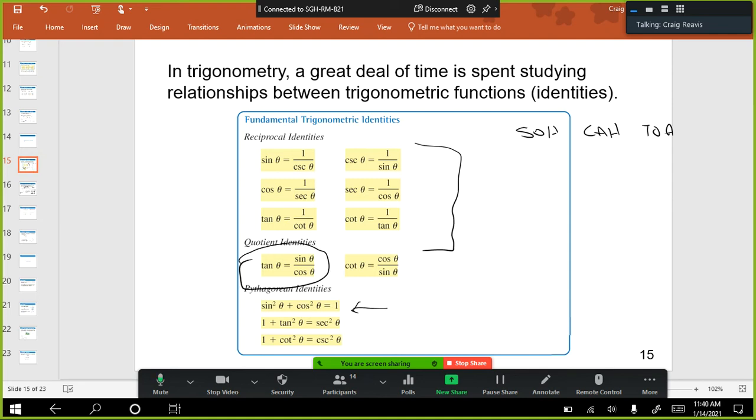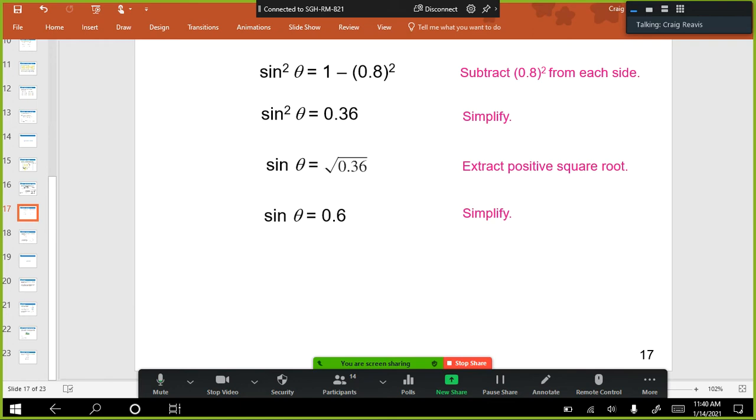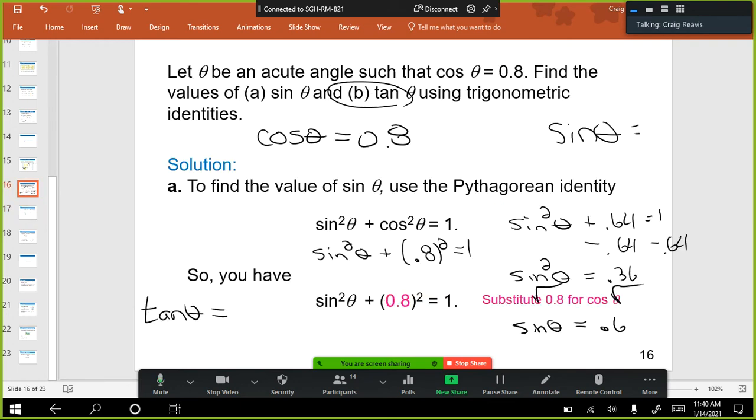Notice that's going to help me because now I know the sine and the cosine. I know the sine is 0.6 and the cosine is 0.8. So what's that going to reduce to? 0.6 over 0.8 equals 0.75. So I know the tangent of theta is equal to 0.75.